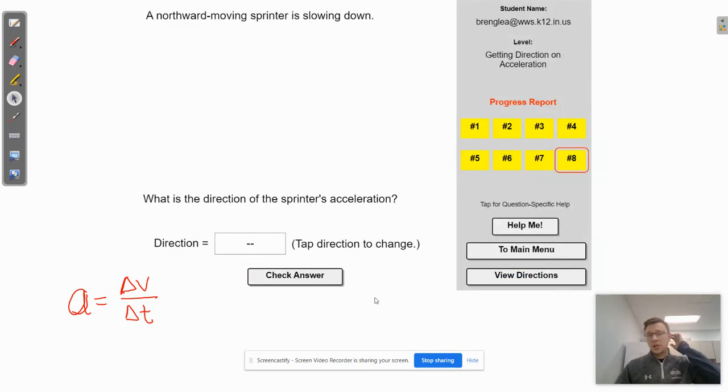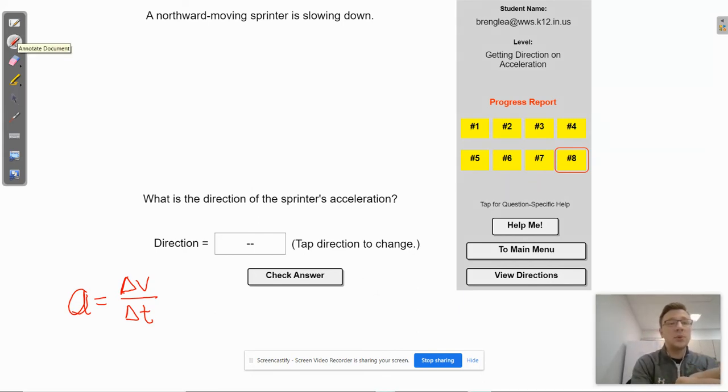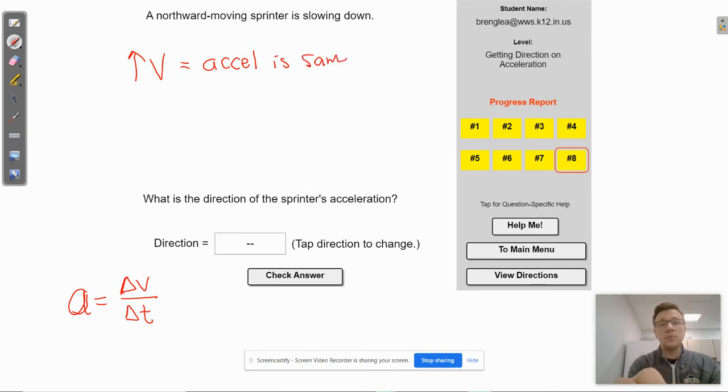Now, we've talked in class about if an object is speeding up, so I'm going to say increase in velocity, the acceleration will be in the same direction. So I'm just going to put accel is same direction.